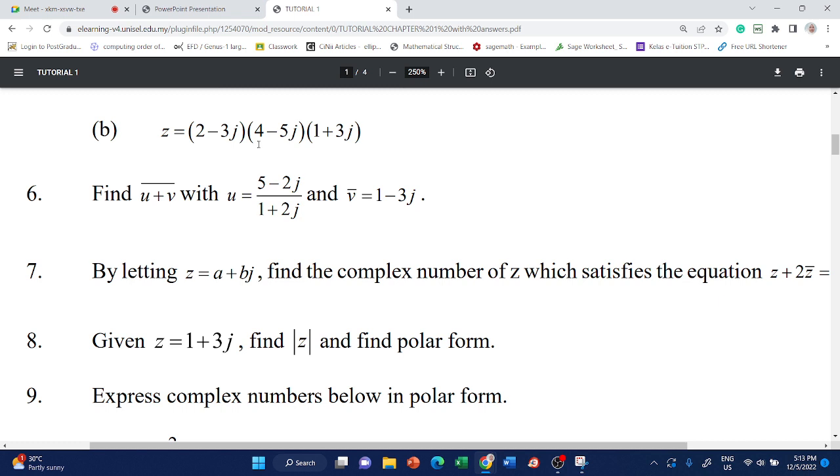After you simplify, then you proceed with the third bracket. Okay, so don't times everything, these 3 brackets, at the same time. It's very complicated. So do it one by one. Times out the first 2 brackets first and then simplify. So after you simplify, okay, you times with the third bracket.